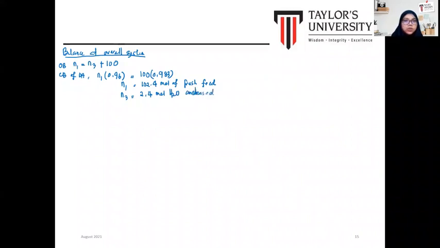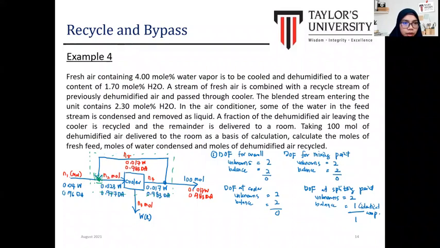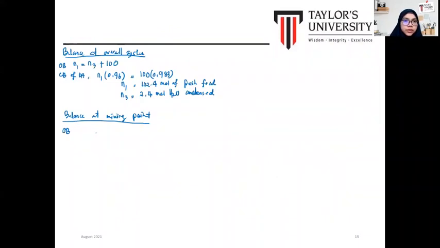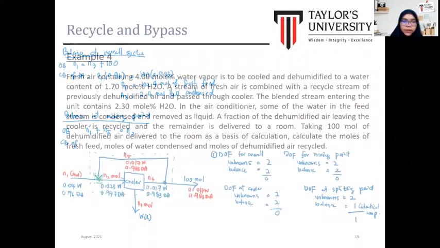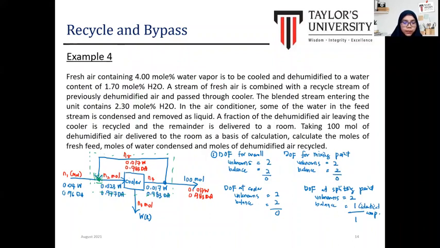Okay, condensed. So second, we may proceed to the balance at the mixing point. So we perform the overall balance here. Overall balance at the mixing point, we have N1 plus N5 equal to N2. So N1 is given, N5 we don't have, as well as N2. So we perform the component balance, maybe we can choose the component balance for water or dA.